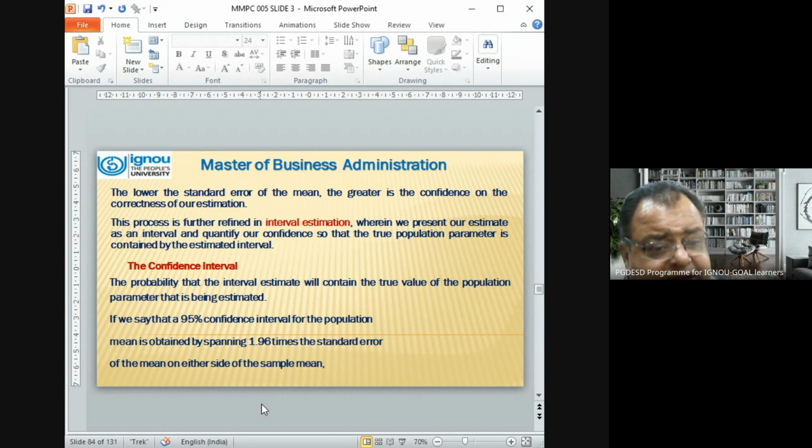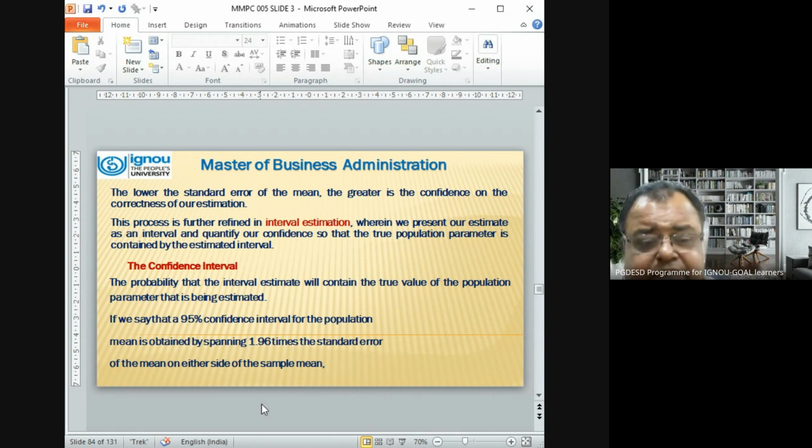If we say that the 95% confidence interval for the population mean is obtained by spanning 1.96 times the standard error, yesterday we talked about one standard error, one standard deviation, two standard deviations, three standard deviations. This is the same thing.